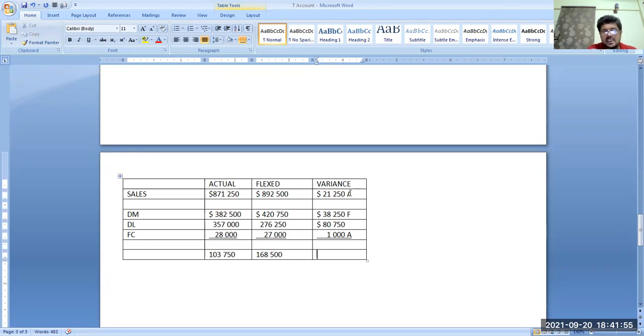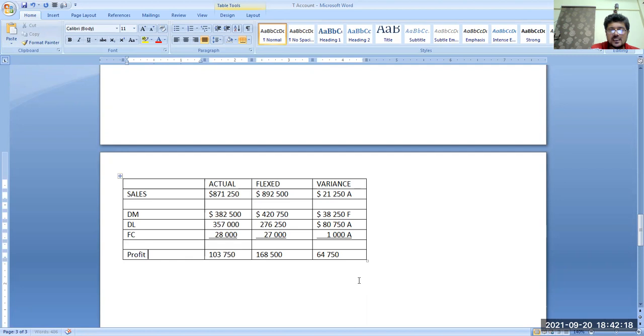Let's check. I have taken the difference horizontally. Now I am taking the difference vertically. Three adverse and one favorable. It should have been 64,750 if we subtract the profit horizontally. But allow me to check it vertically.